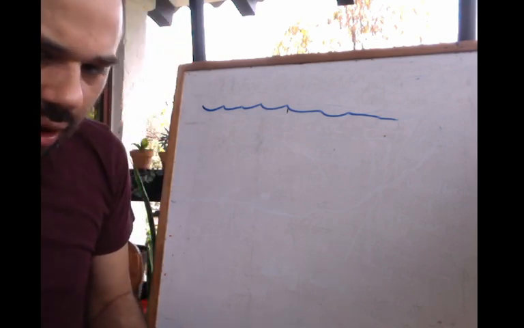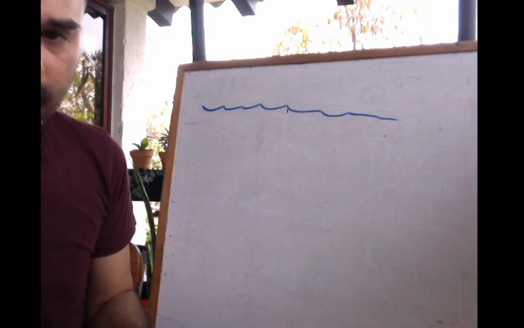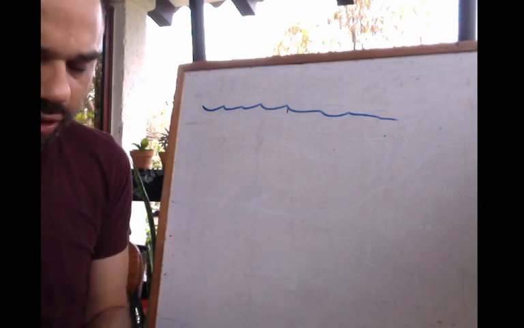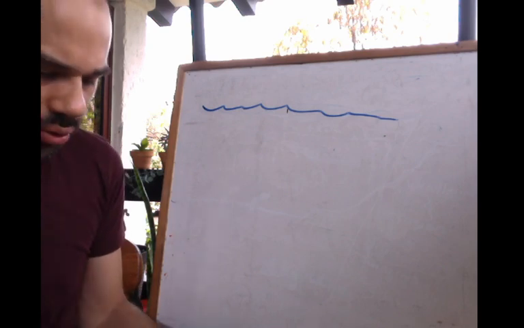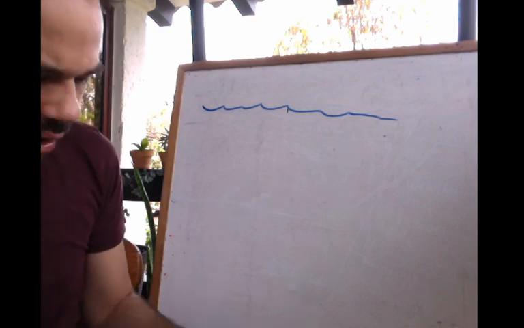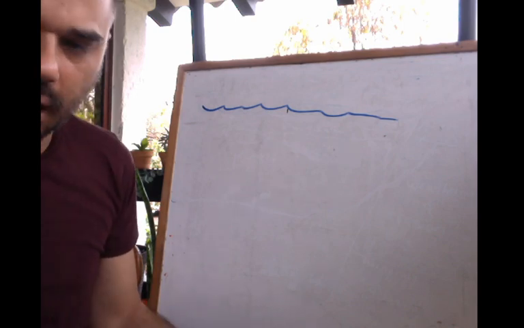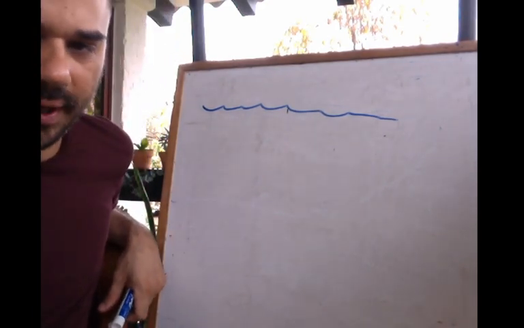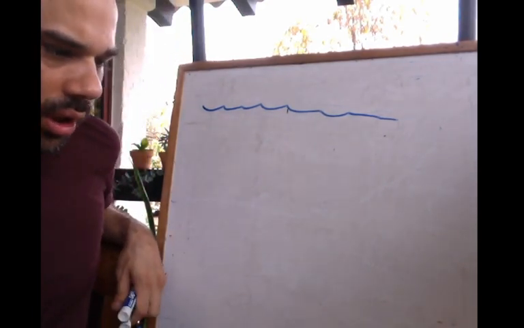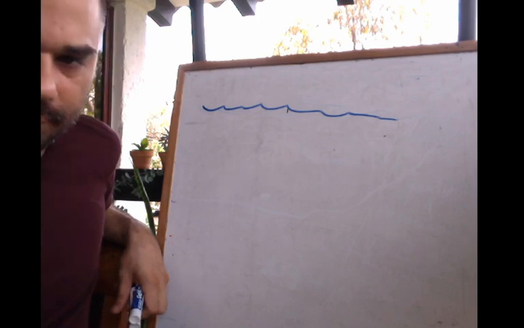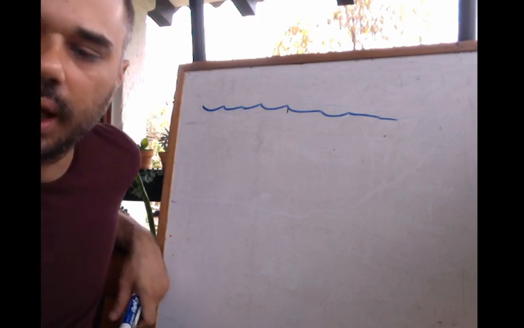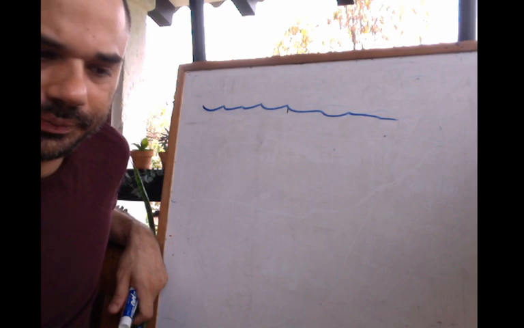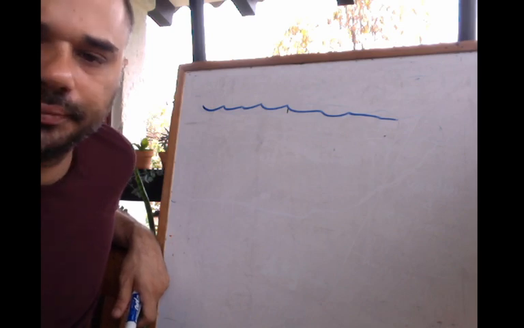So waves are an important property of ocean water. And let's begin by understanding what forms the waves. Okay, so what forms a wave in a glass of water?